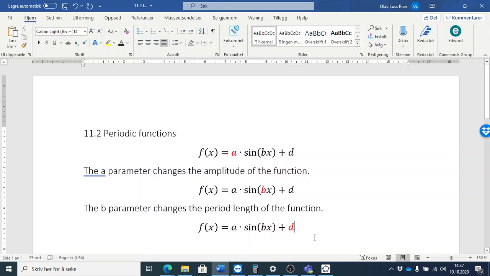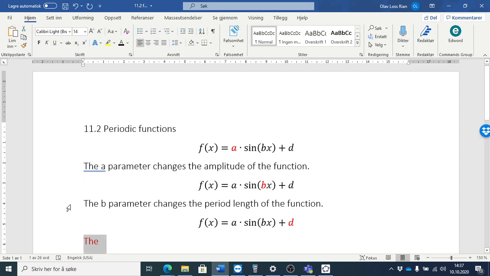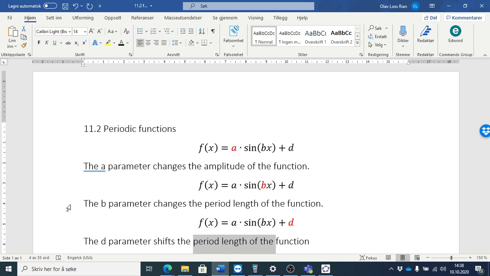So we can write that the d parameter shifts the principal axis of the function vertically.